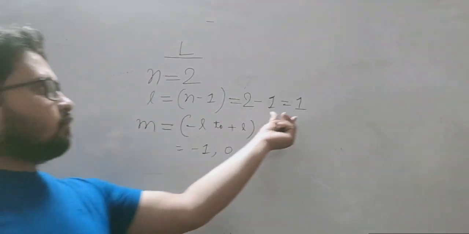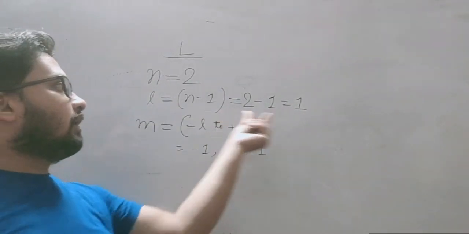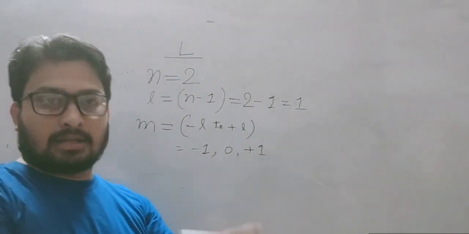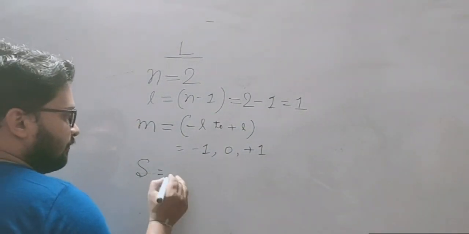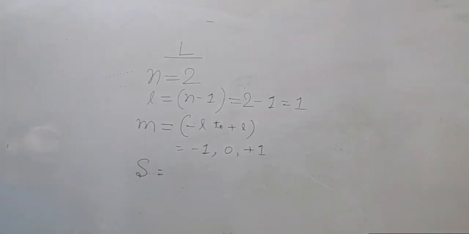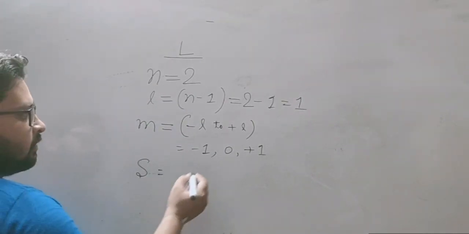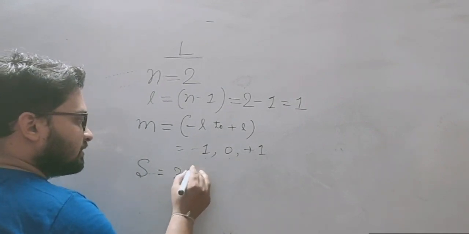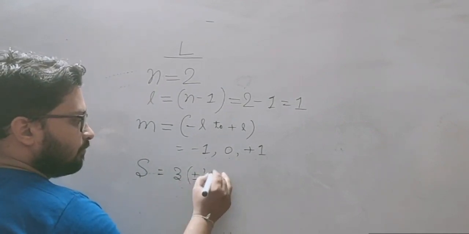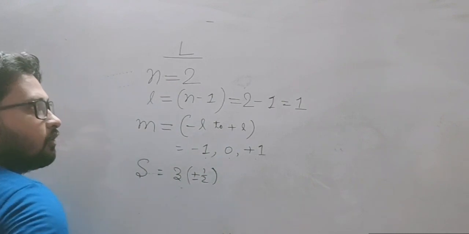As the value of L is equal to 1, so we can write the values of M as minus 1, 0, plus 1. And the value of S: plus half, minus half, plus half, minus half, plus half, minus half. That means 3 into plus half, minus half, that is 6 electrons.